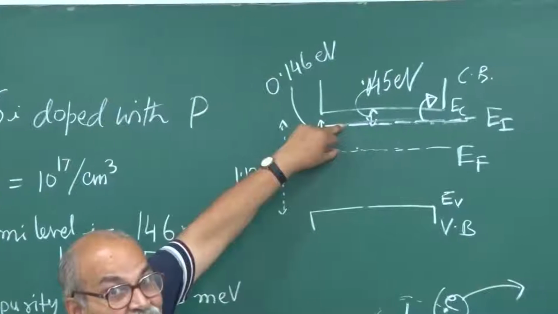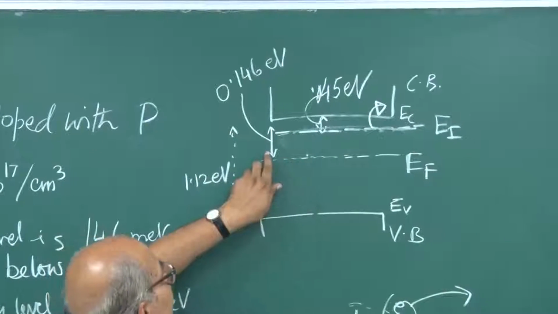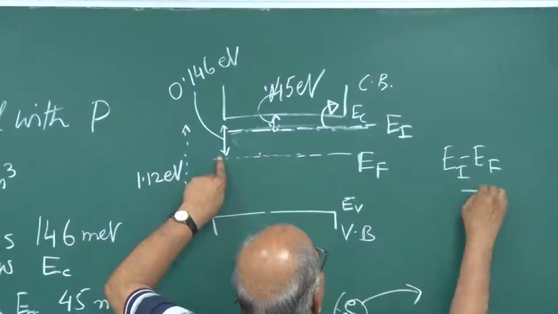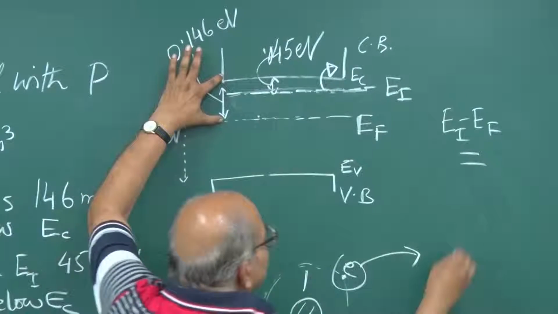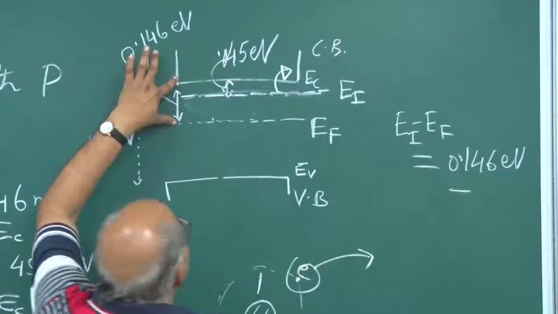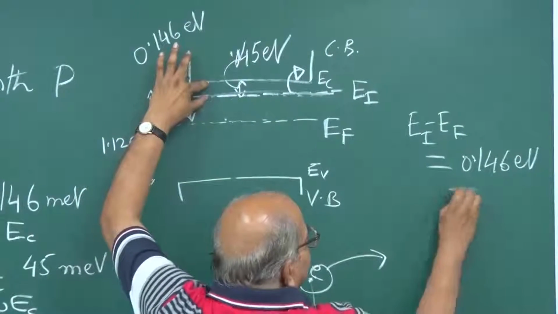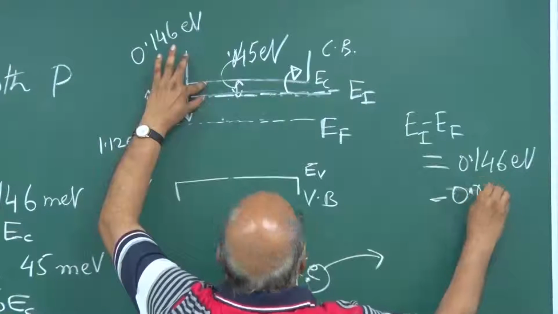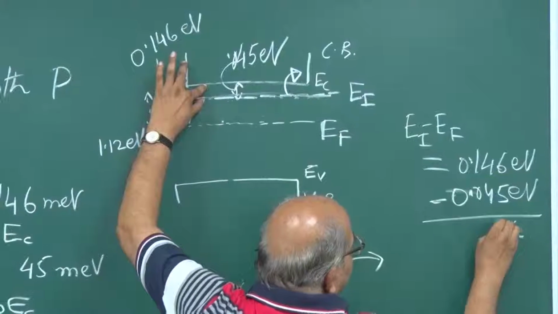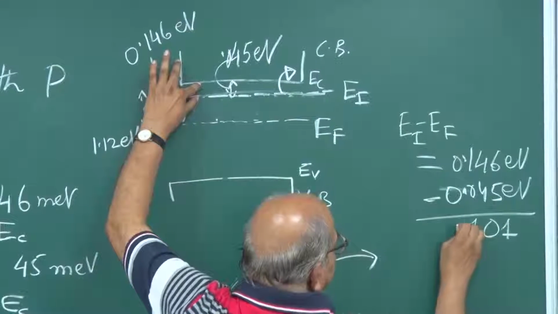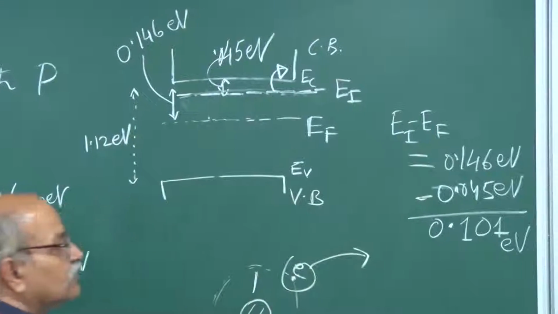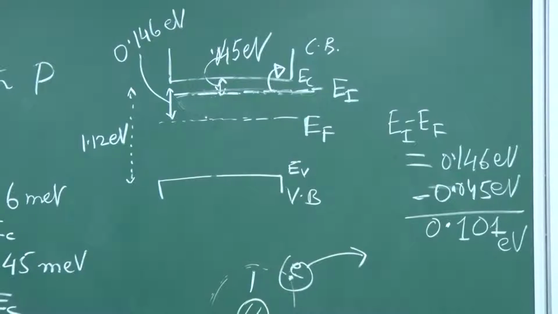So what is EI minus EF? EI minus EF will be this 0.146 eV minus this 0.045 eV, and that will be 0.101 eV or 101 millielectron volts.